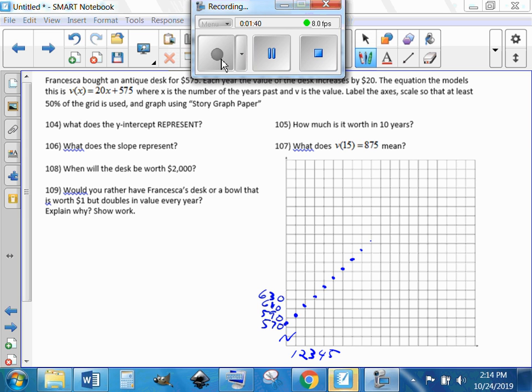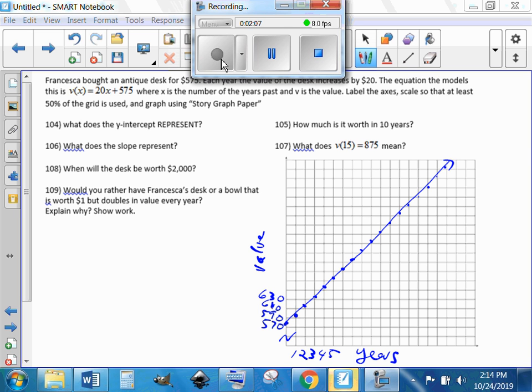Up 20 over 1, up 20 over 1, all the way up. And that fills a lot of the space. And in the labels, the x-axis would be number of years, and the y-axis is the value of that antique desk. Okay.